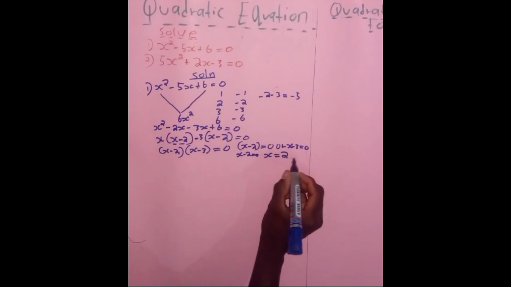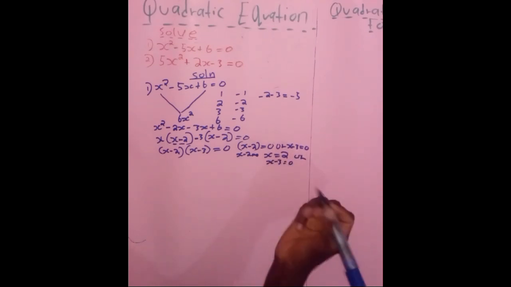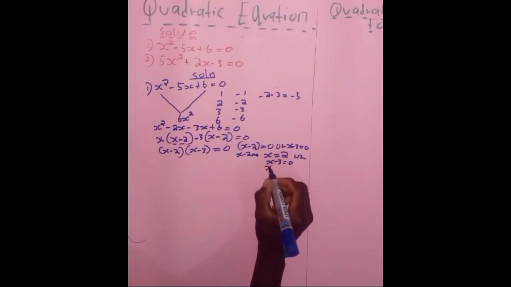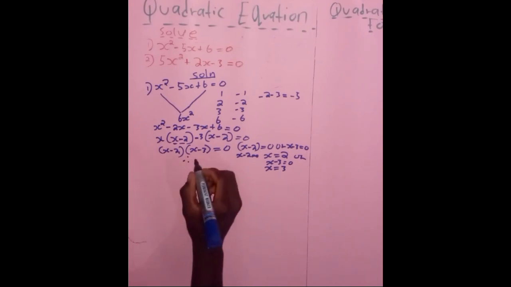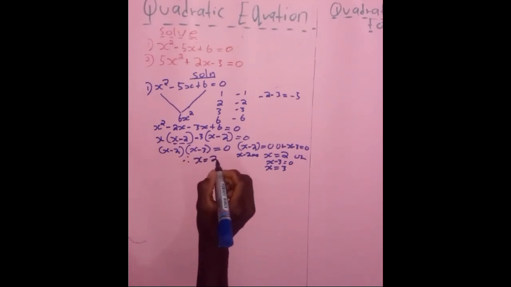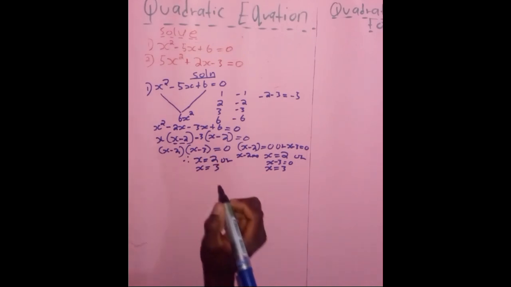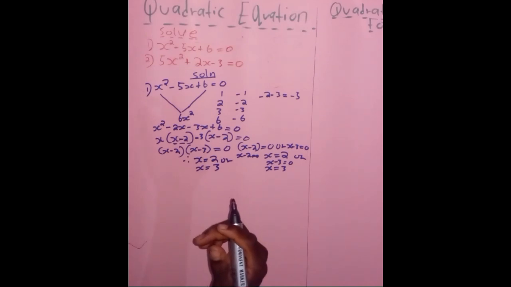For the other one, x minus 3 is equal to 0. When the 3 crosses the equal sign, it becomes positive, so x is equal to 3. So, therefore, the answer we have is x is equal to 2, or x is equal to 3. Okay, that's all for the first question under quadratic equation factorization.